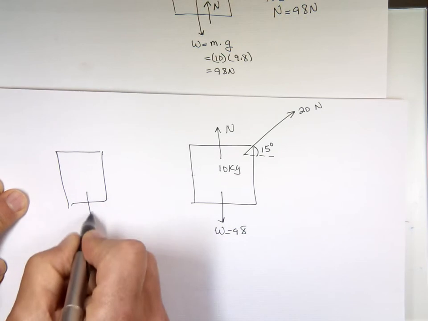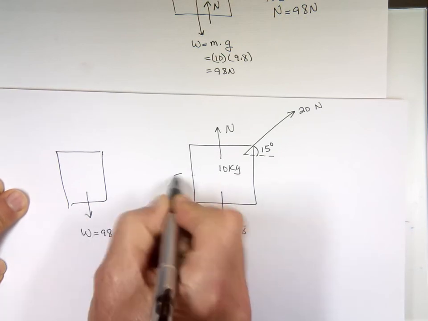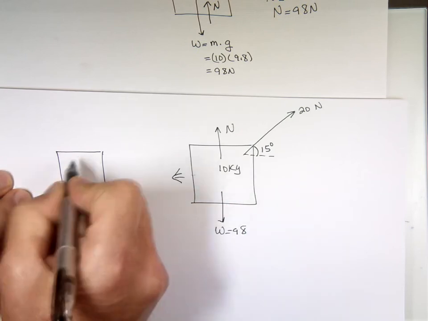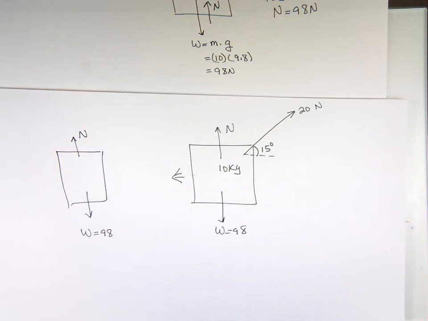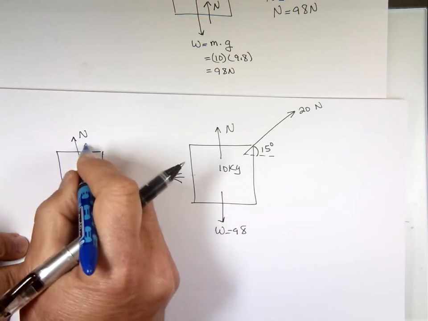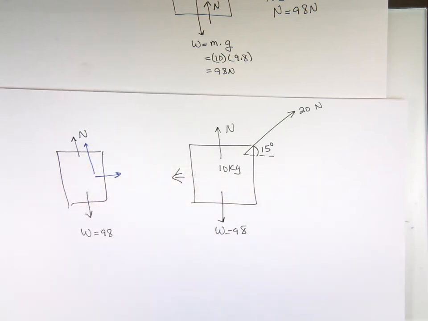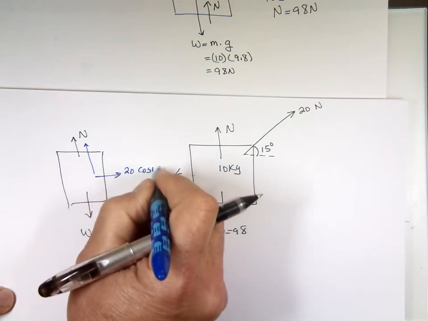So if I do that, it will look something like this. I have the weight down. The normal force pushing upward. I'm going to have two values, one in this direction and one in that direction. In this direction is what? 20 cosine 15.